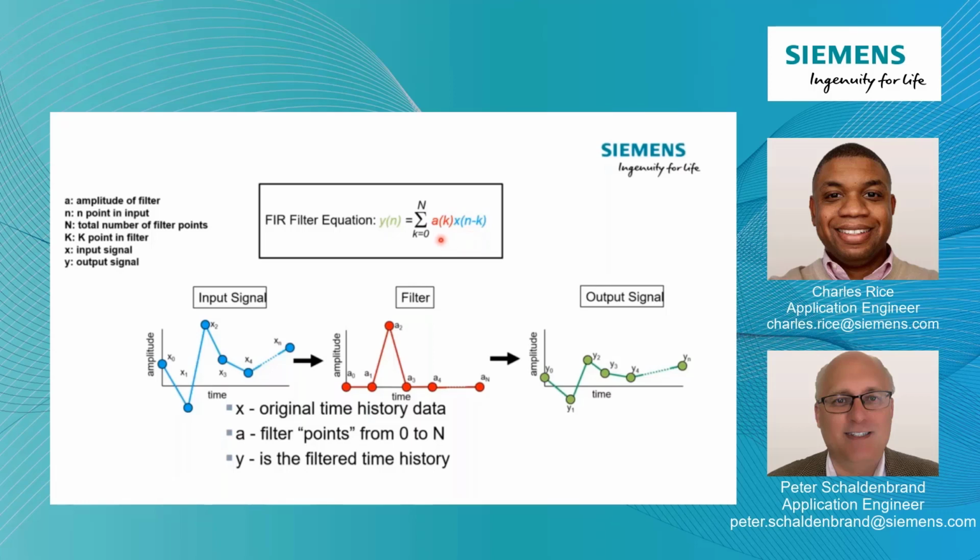And then there's the filter, represented by this A here, and the uppercase N relates to what we call the filter order. We also call it taps too. It can be referred to as taps, and we'll talk about that shortly. And then there's the output time history. So those are the three components: the input, the filter, and the output signal.